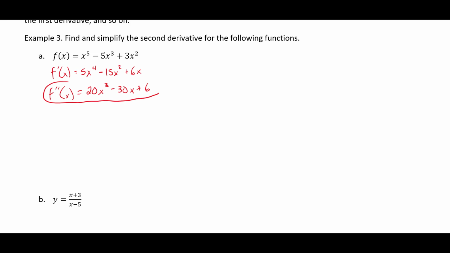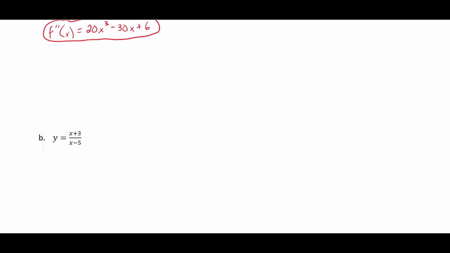And we're done. Now if you wanted to, you could technically pull out a 2 from this, but there's not a real big need to, so I would just leave it as this.